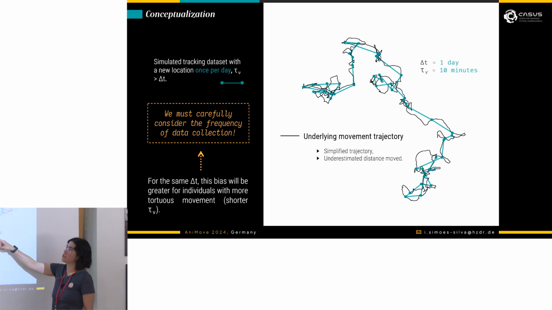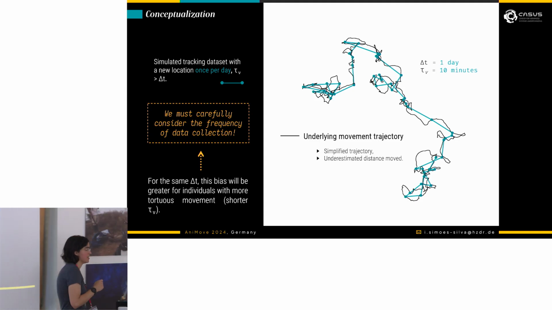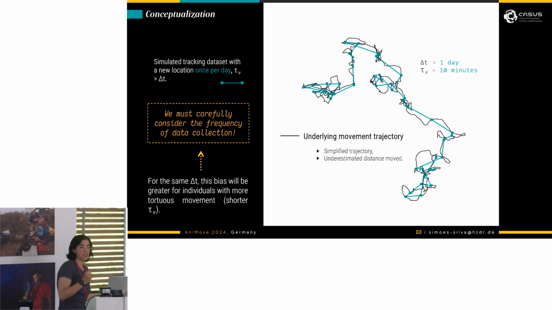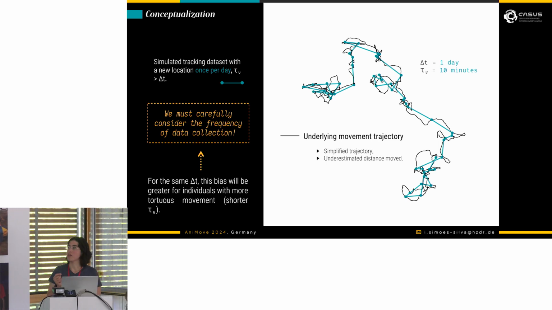This blue is essentially the true trajectory. We're missing out on all of these extra movements that are happening, because again, the animal is not moving in a straight line. So we must carefully consider the frequency of data collection if our goal here is to get that information out for the true distance that the animal is traveling.